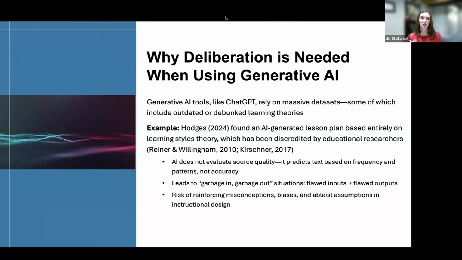And so again, we need to be really mindful of what inputs are being put into these systems, especially knowing that they're continuing to evolve and that a lot of people are putting in different content. But again, we have to be careful that we're not just relying solely on what these outputs are generating, because if we do that, then we run the risk of reinforcing misconceptions, biases, and ableist assumptions in instructional design.